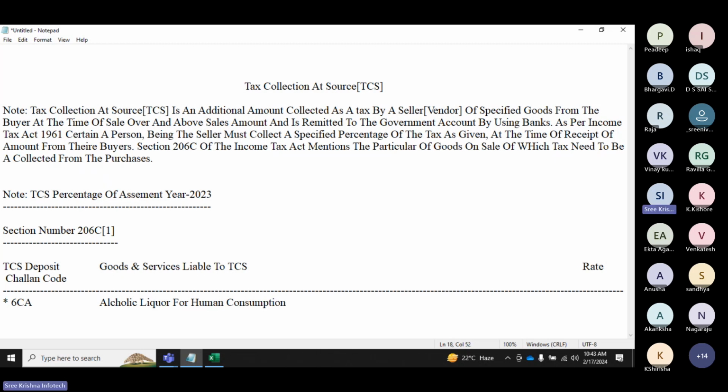The percent of rate will be 1%. The second one will be 6CB. The second option is timber, obtained under forest lease.